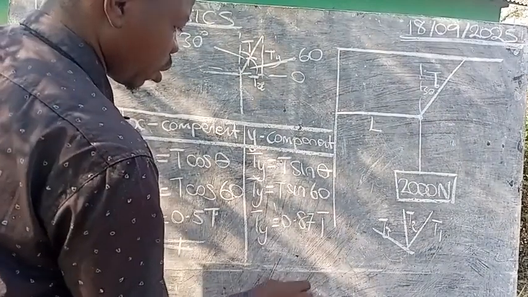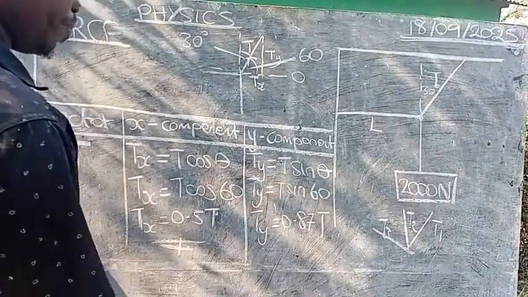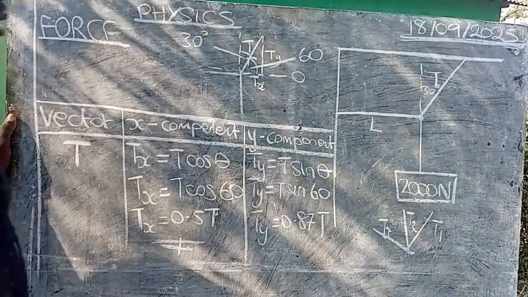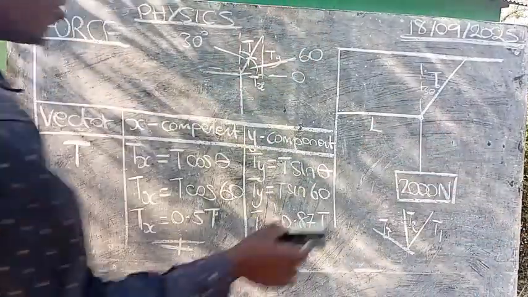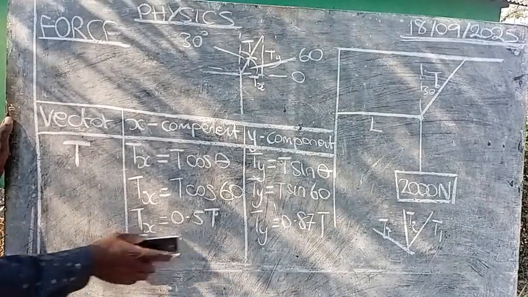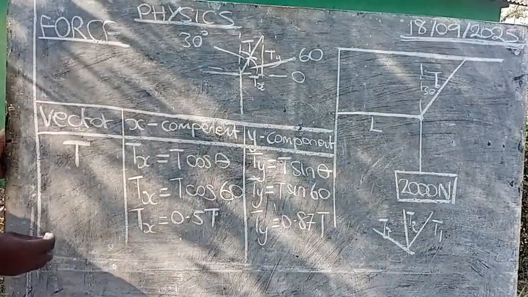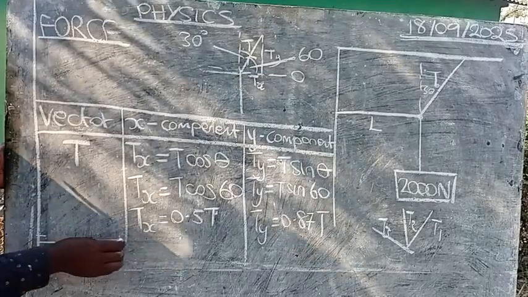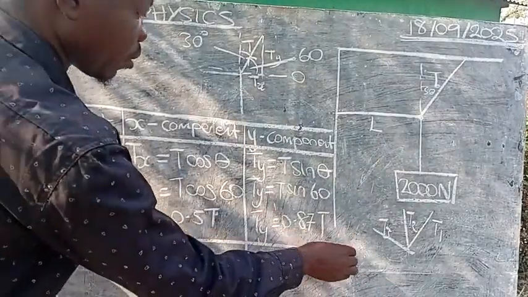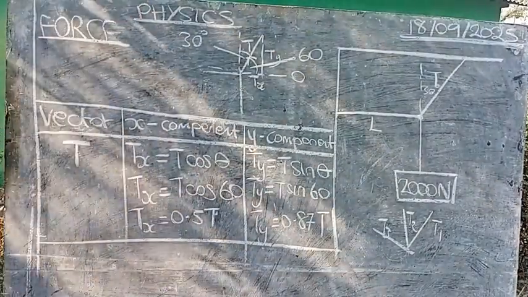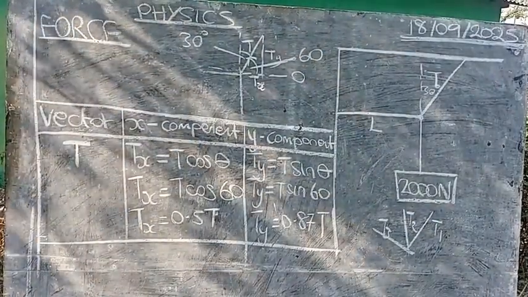So Ty is 0.87T. Clear? So since we only have one vector, we shall close our table. You can copy.